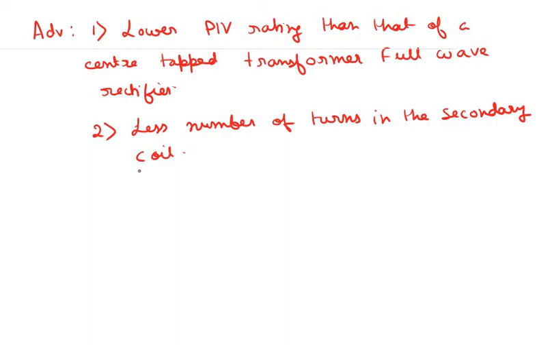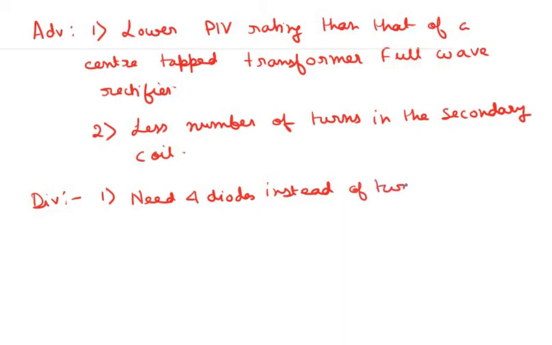Okay, and this comes with some disadvantages also. The disadvantage is that we need 4 diodes instead of 2. So if we buy 4 diodes instead of 2, this is not only costly, but it also increases the size of the circuit because we have to place 4 diodes.